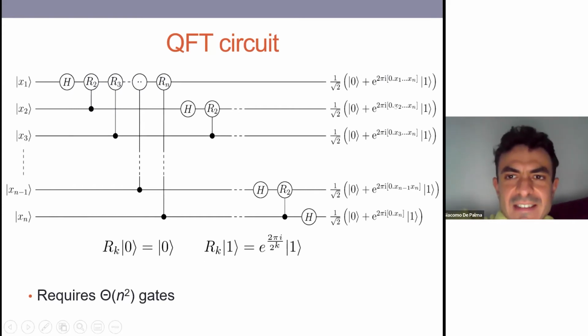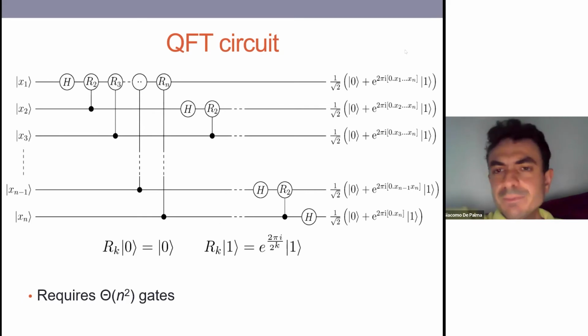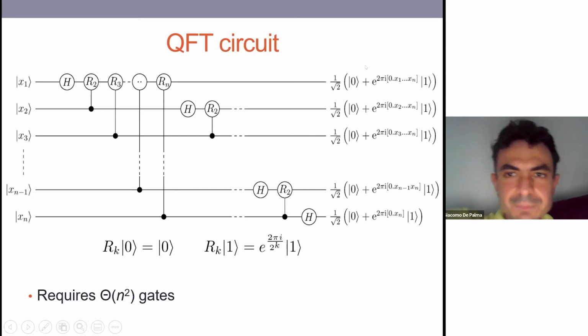And then you realize that this is the correct outcome of the quantum Fourier transform on this basis state, but the output qubits are in the reversed order. And then what you need to put them in the correct order is to apply a sequence of swap gates that can be obtained from combining 3 CNOT gates that reverse the order of these qubits and finally gives us the quantum Fourier transform in the right order.